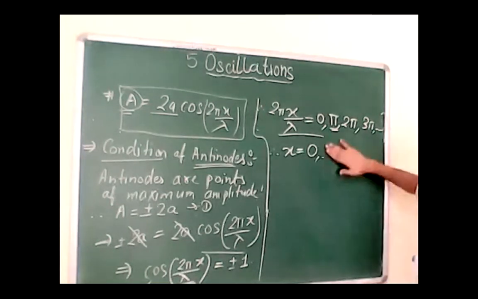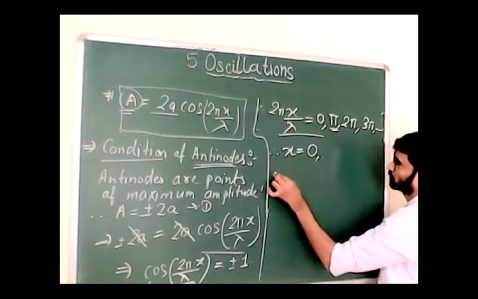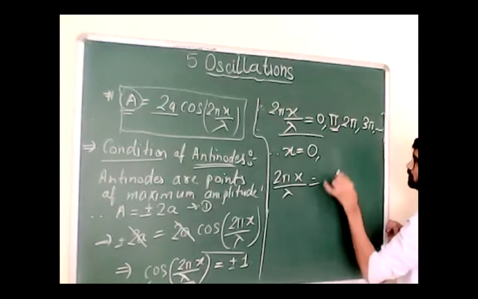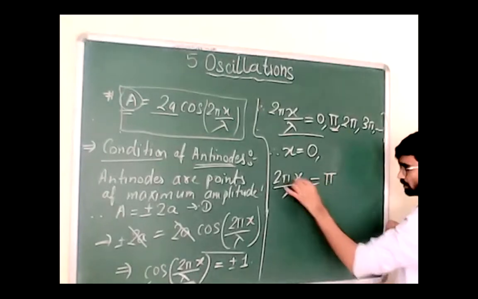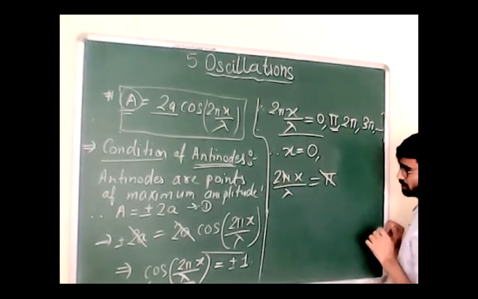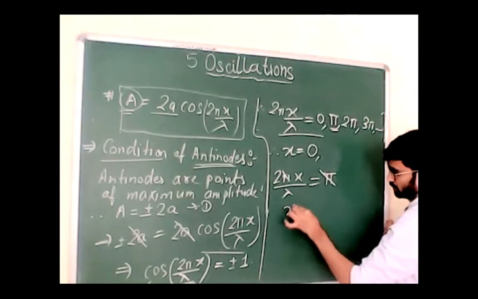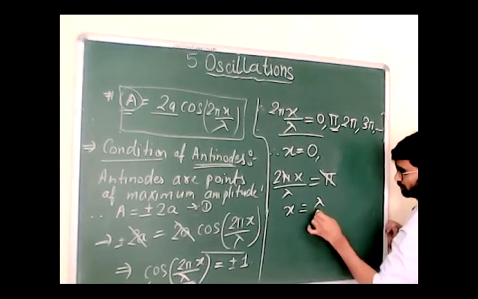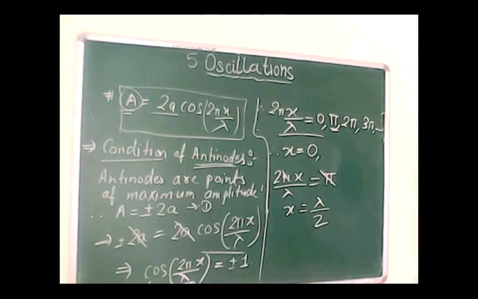Let me check: 2πx/λ will be equal to π, suppose. So this π gets cancelled, and we get x equal to λ/2.